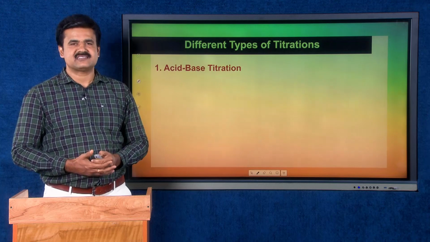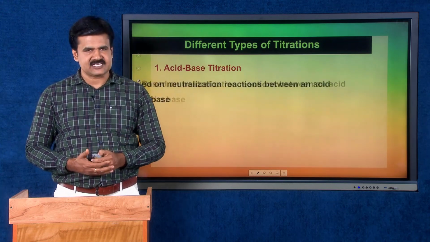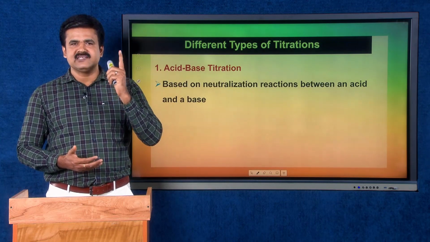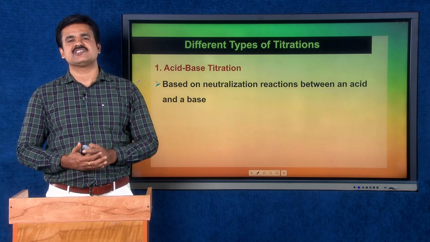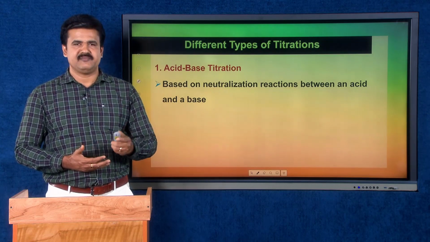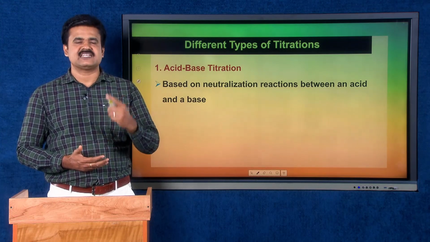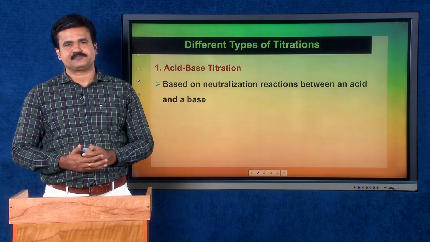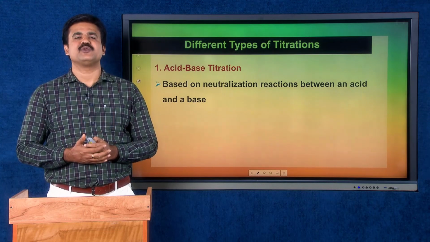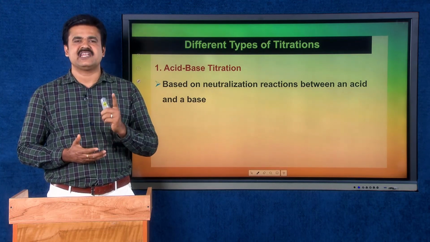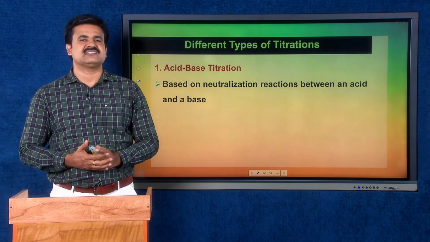First one is acid-base titration. Based on neutralization reactions between an acid and a base, this titration will work. That is, some neutralization occurs between an acid and a base during the course of acid-base titration.